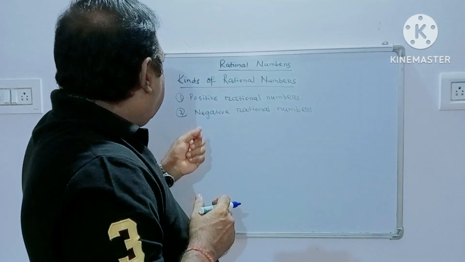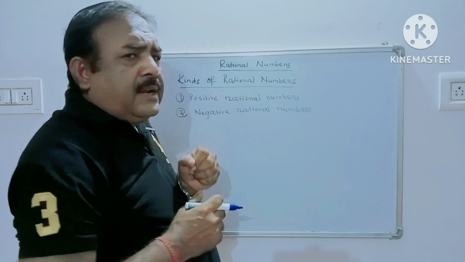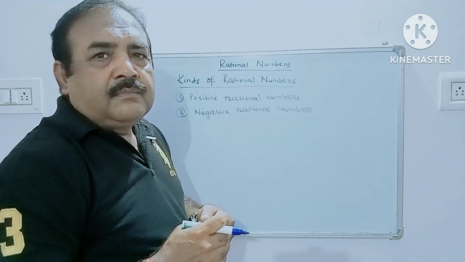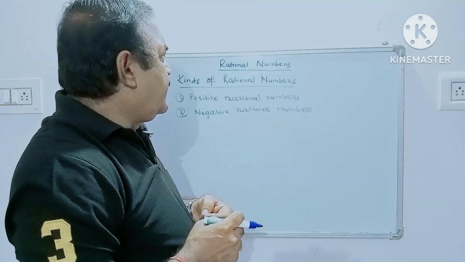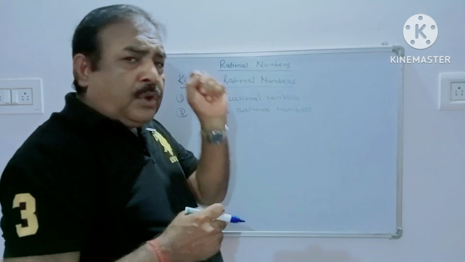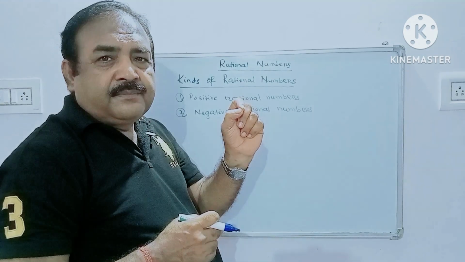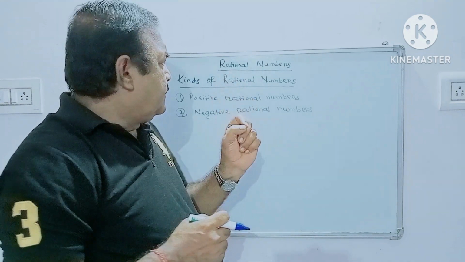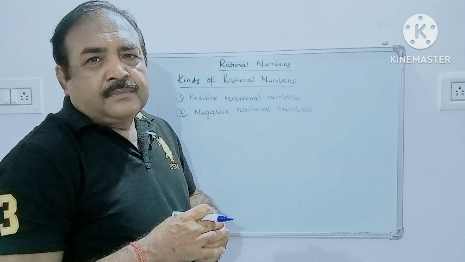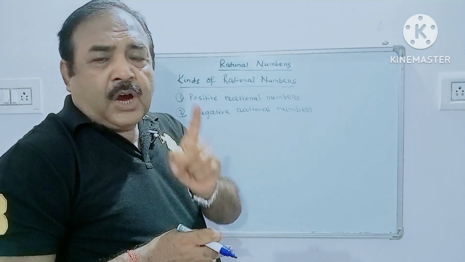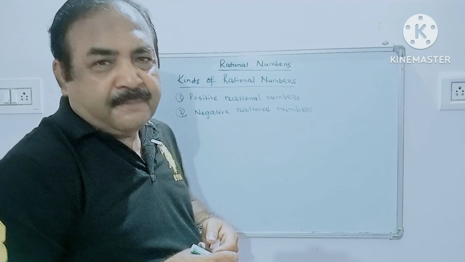So in a rational number, there is a numerator, there is a denominator. Either both numerator and denominator should be of the same sign.